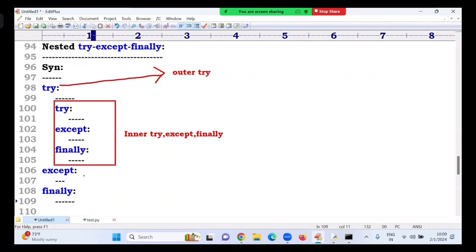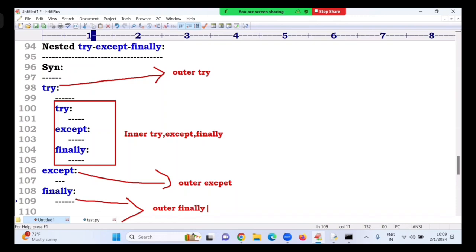Outer try, except which one? Outer except, because based on indentation you can check it. For that try this except, for that try this finally block. This is called outer finally. This is called nested try blocks.